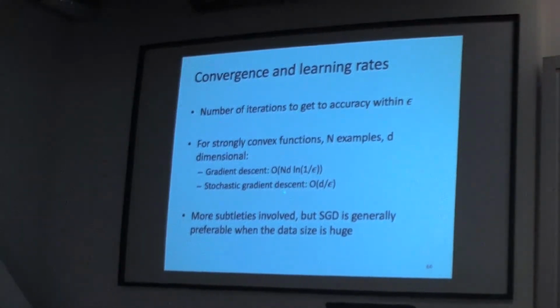But for stochastic gradient descent, it's just d over epsilon. It is not influenced by the number of training examples used.